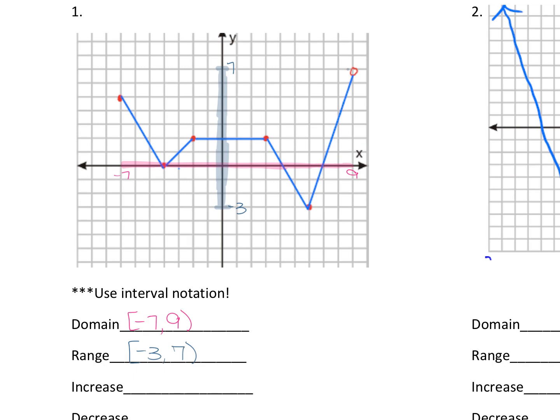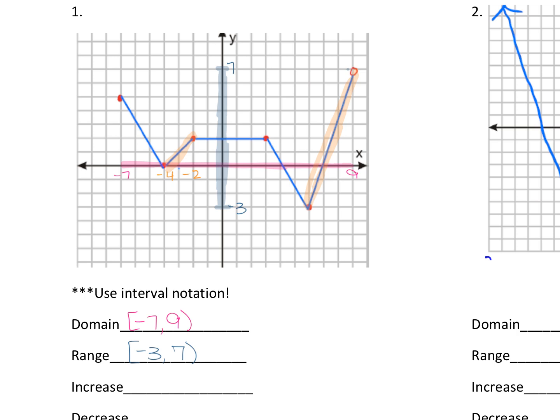Next, we are looking at increase. Your increase is from left to right where that line goes up. So we have 2 parts here where that line goes up. The one on the left, the x values that are being covered by the part of the line that goes up from left to right are -4 to -2.